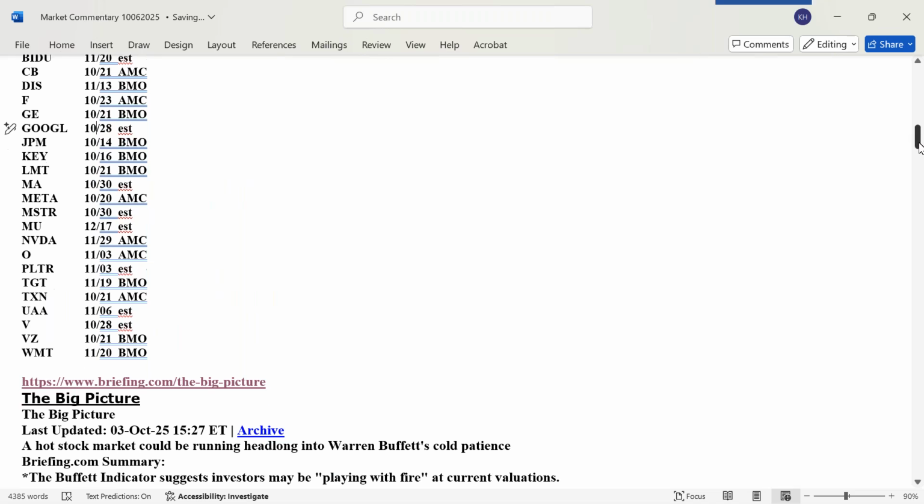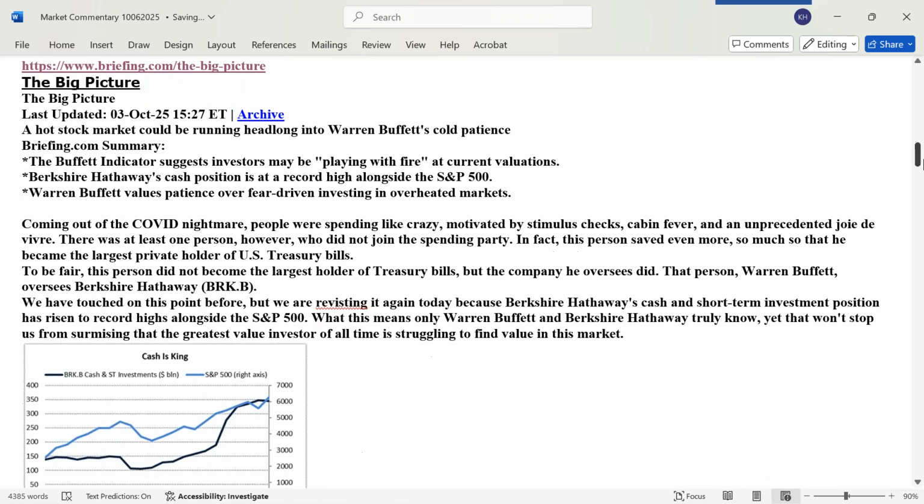As we look at the big picture, a hot stock market could be running headlong into Warren Buffett's call for patience. The valuations are high, and on average, the valuations compared for most models are screwing up every single model. I believe I told you 2 weeks ago.